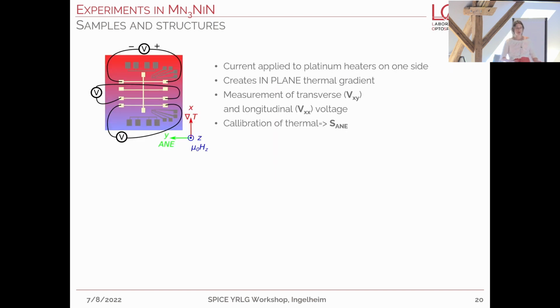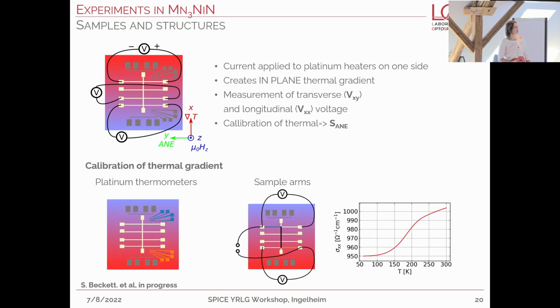And the first experiment, done by Sebastian in Dresden, was what we called the global Nernst measurement. Basically, they applied current through the heaters, which created a heat gradient in the sample plane, and measured transverse and longitudinal voltage. And this was the Nernst signal that was measured as a function of external magnetic field.